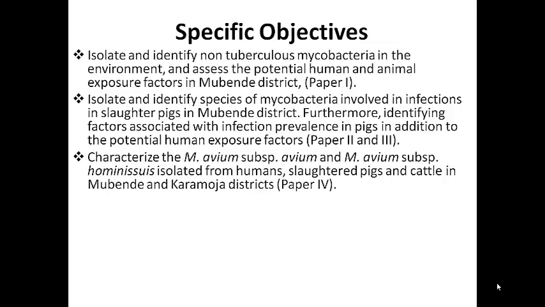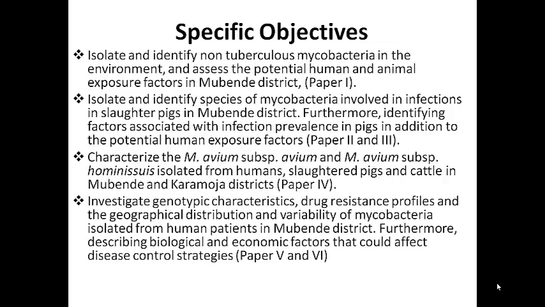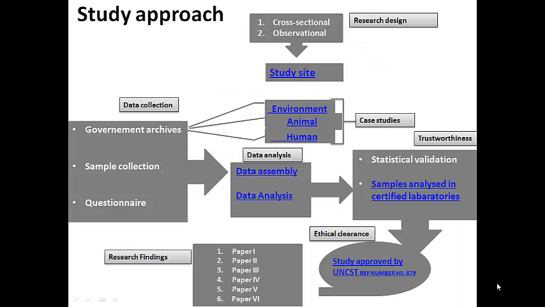In paper 4, we characterized the isolates from animals and humans to see if they have similar characteristics. Then this would point towards a zoonotic situation. But we also characterize the mycobacteria that is prevalent in humans, their drug resistant profiles, distribution in the district, but also the economic factors that might affect the control programs that are in use today.